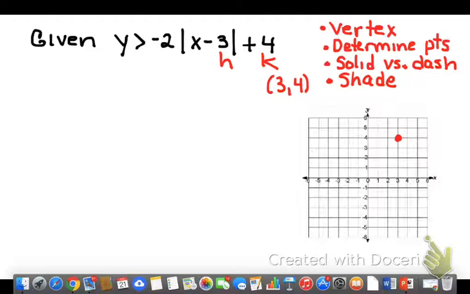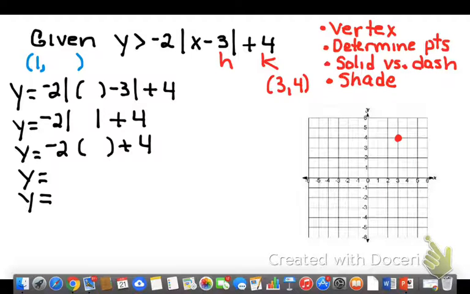Now we need to find some points. So we'll choose points for x and solve for y, and plot those. I want an x value that's going to fall to the left of my vertex, so I chose 1. So 1 minus 3 is negative 2.